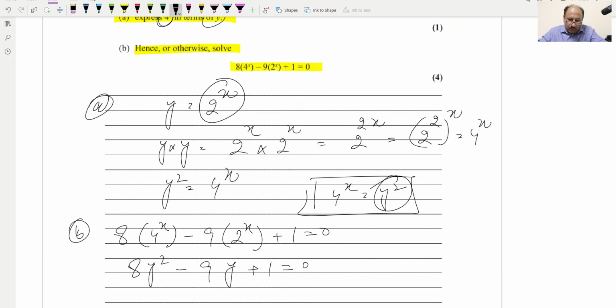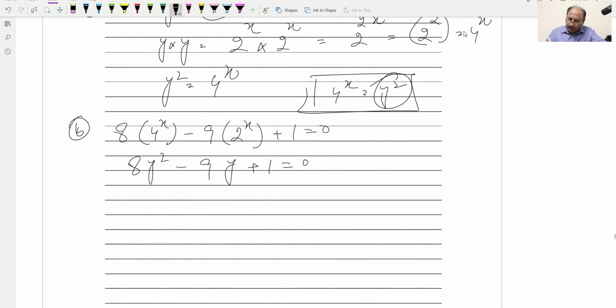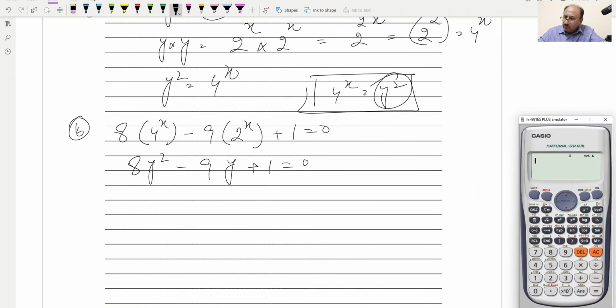Now this will be a quadratic equation in terms of y, and we can take help from the calculator. So mode 5, 3 to solve this quadratic equation. Coefficient of y square is 8, coefficient of y is minus 9 and the constant value is 1, and this will be 1 and 1 by 8.